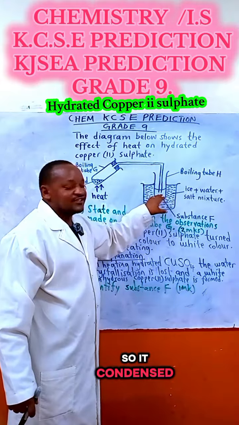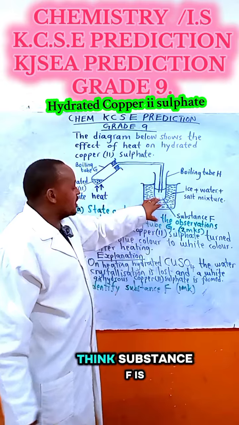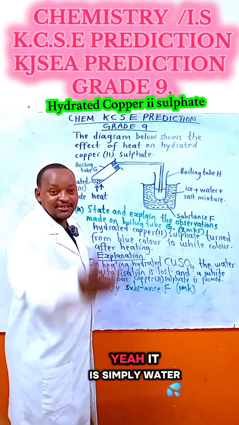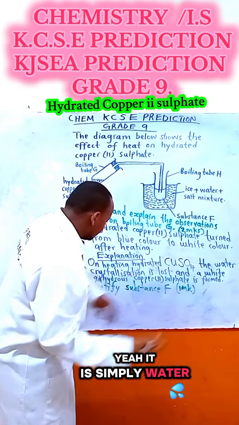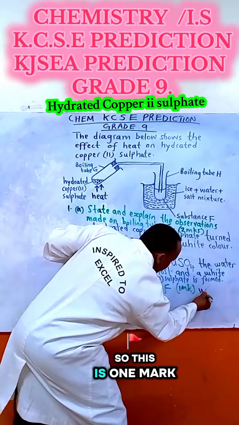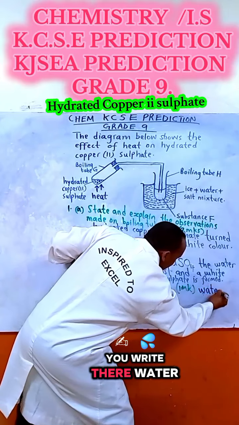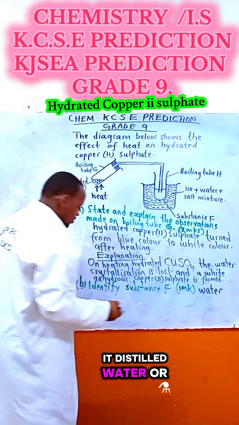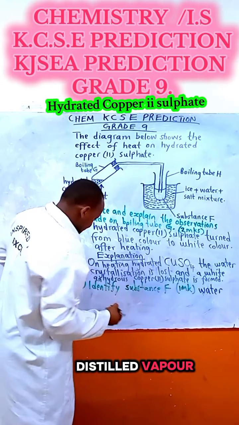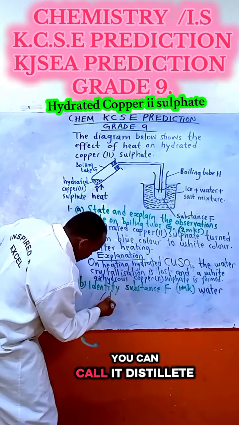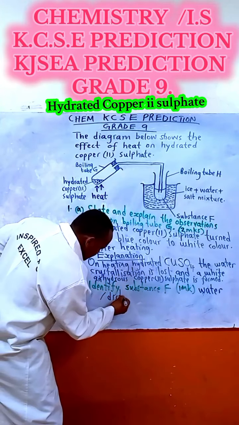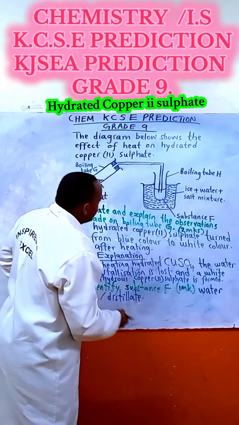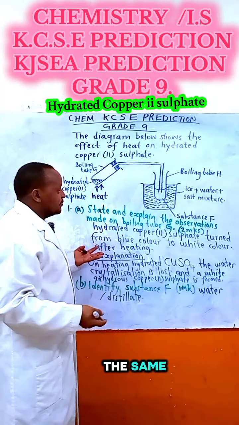So it condensed. So what do you think substance F is? It is simply water. This is 1 mark. You write there water, or you can call it distillate or condensed vapor.